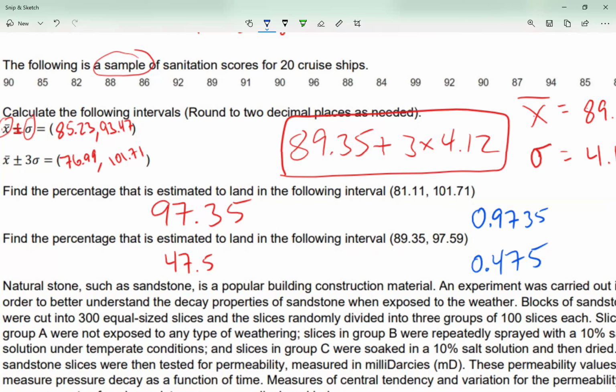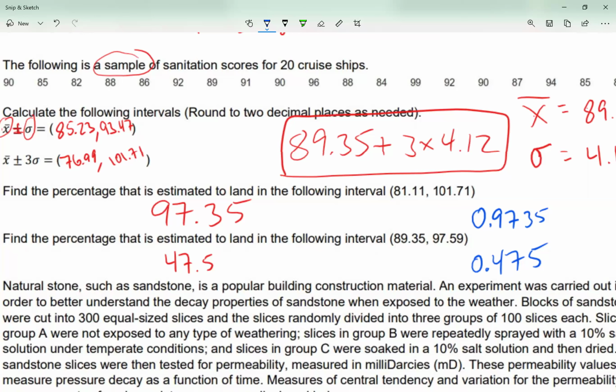Now, if I ask you for percentage, percent, I expect this number in red. If I ask you for the probability, I expect this number in blue. Okay, let me say that again. If I ask for the percent, I expect these big numbers.